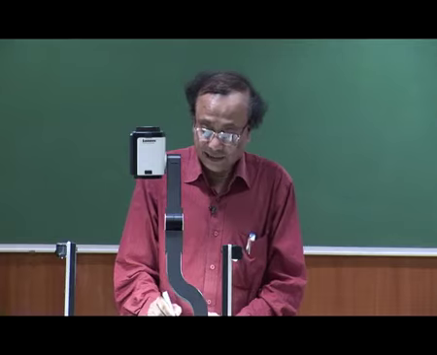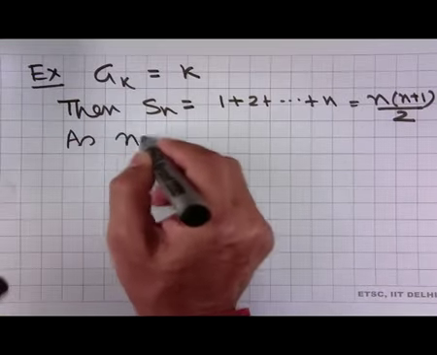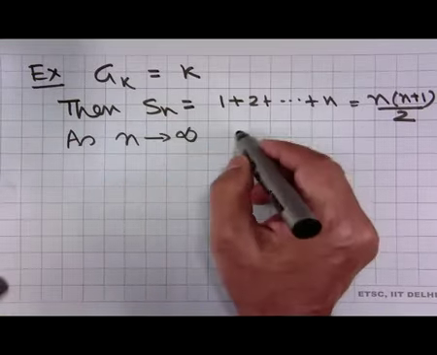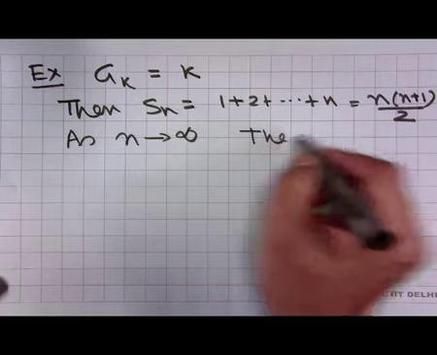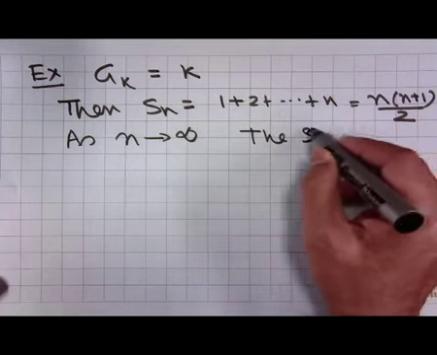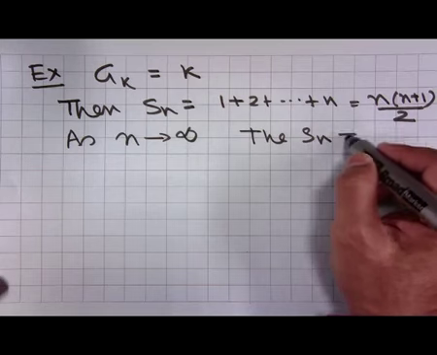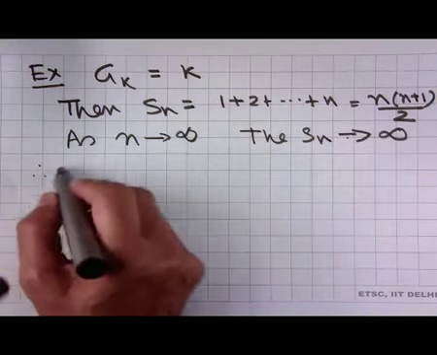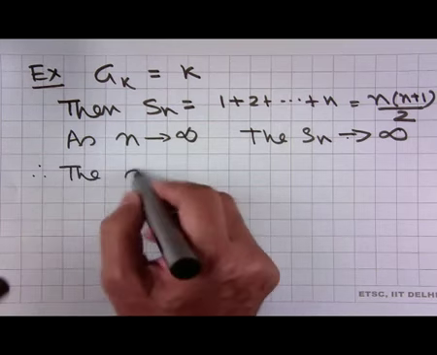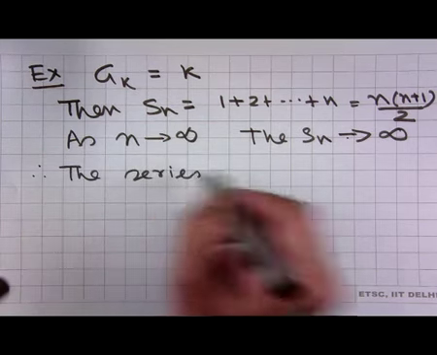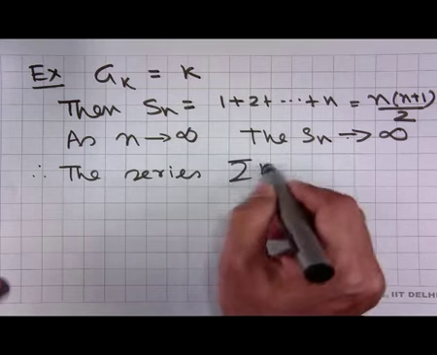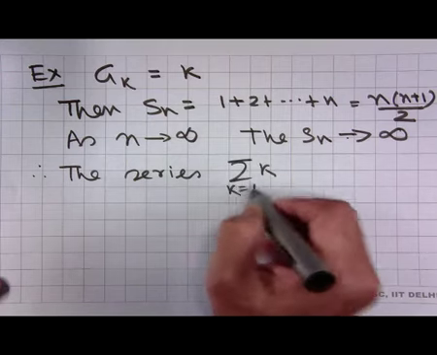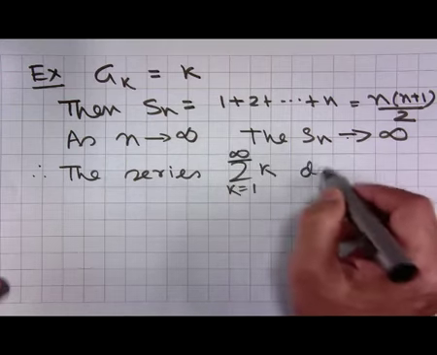Therefore, as n goes to infinity, the nth partial sum Sn also goes to infinity. Therefore, the series sigma k, k equal to 1 to infinity, does not converge.